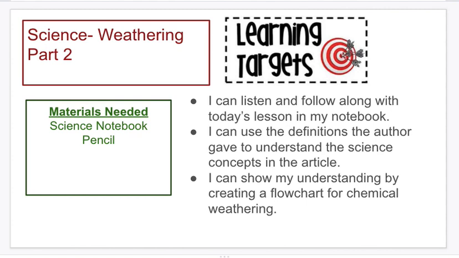So we're going to do some of this together today, and then we will send you off to do a little bit on your own. And it's important to be thinking about these learning targets as we go, and that your end goal for today is that you're going to be able to show your understanding in a flow chart for chemical weathering.